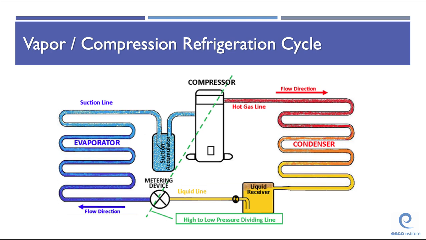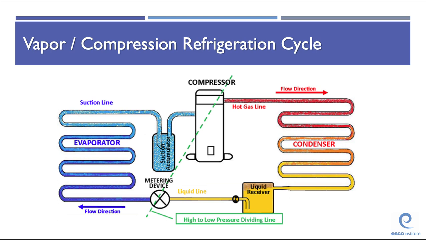As the refrigerant absorbs heat, it evaporates into a low temperature vapor. During this process, the refrigerant vapor is superheated above its saturation temperature and enters the suction line. From the suction line, the refrigerant enters the compressor as a low pressure, low temperature, superheated vapor to repeat the cycle.